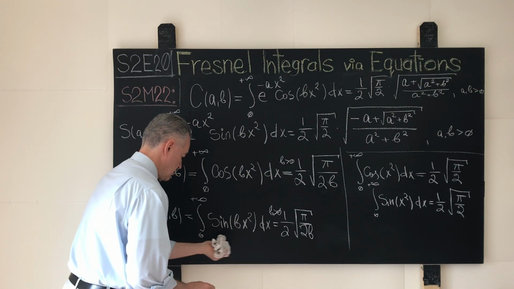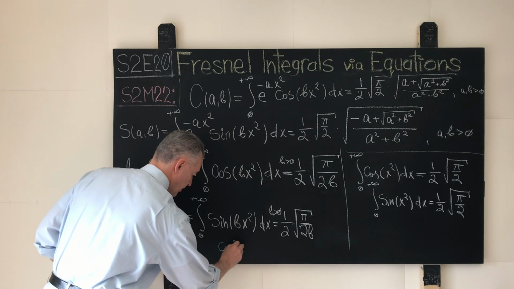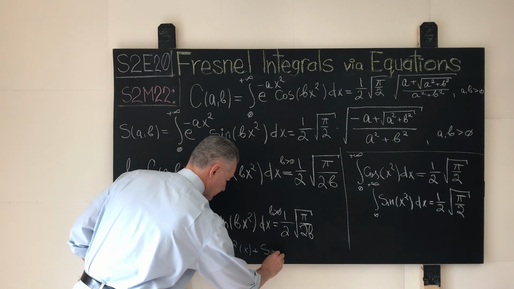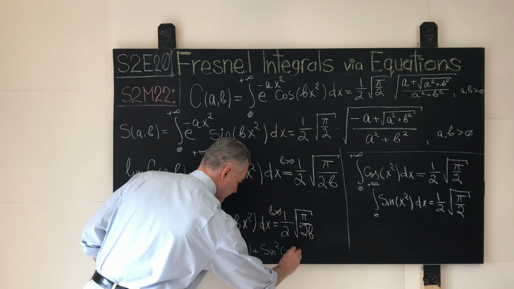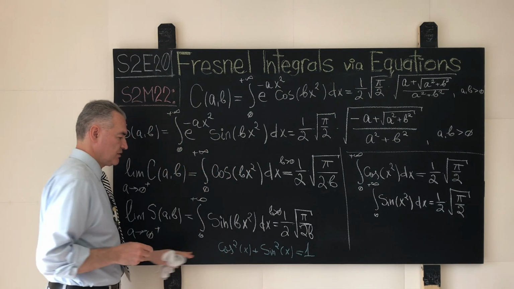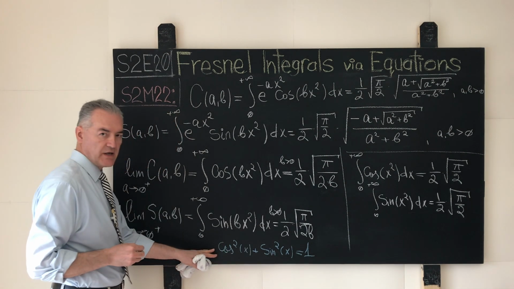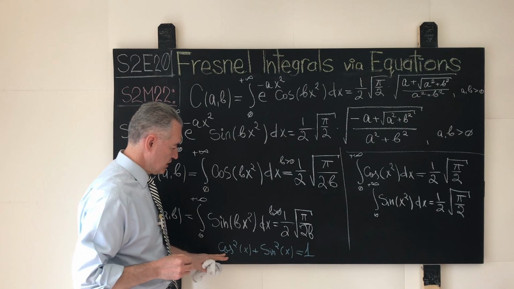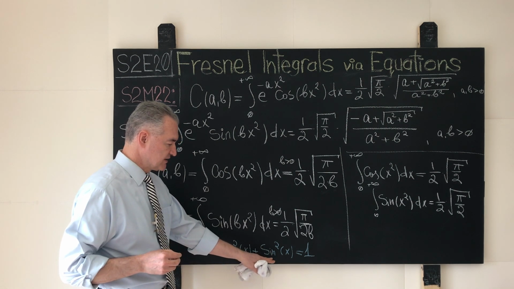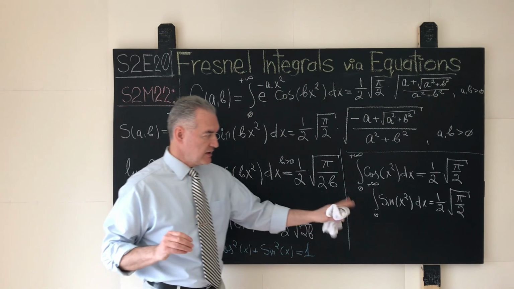You probably write it cosine squared of x plus sine squared of x equal to 1. This identity holds for all real numbers x. In words, the square of the cosine of x plus the square of the sine of x, the trigonometric functions, is 1. And again, this is the joke.